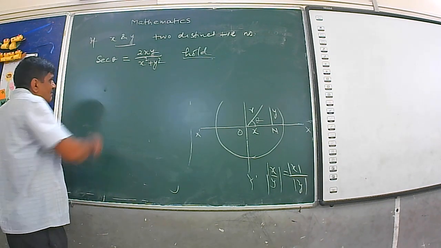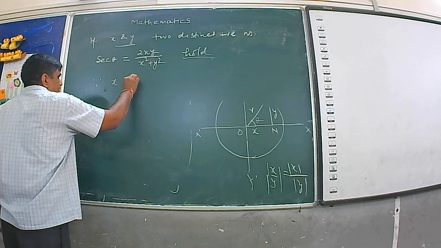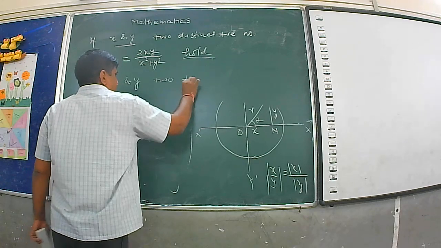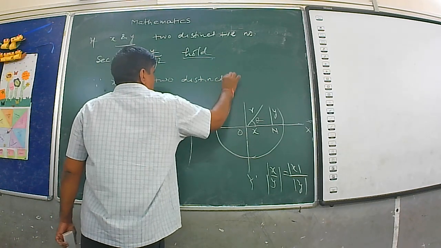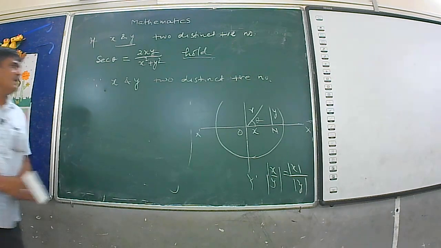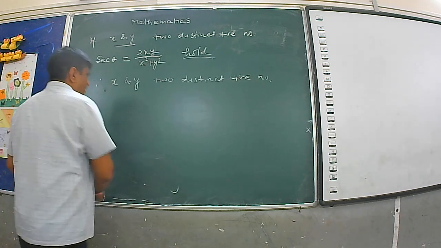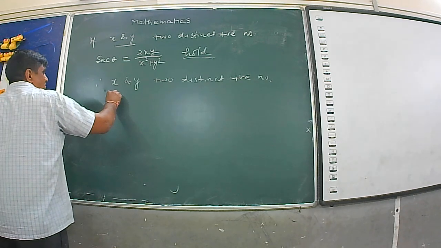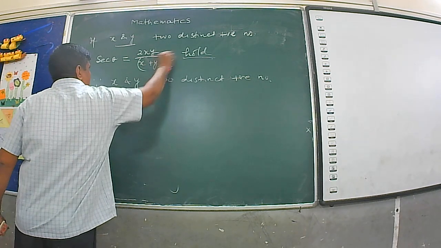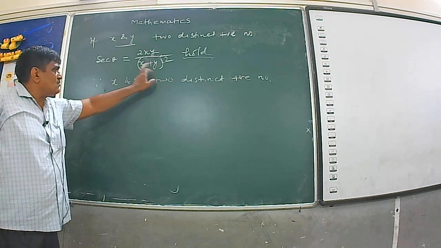Since x and y are two distinct positive numbers, therefore x square, this is x plus y whole square, sec theta is equal to 2xy by x plus y whole square.